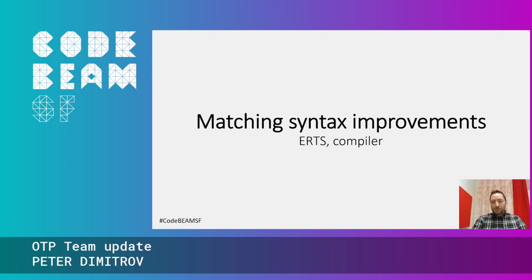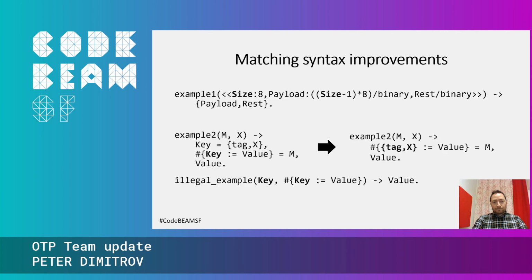Matching syntax improvements. In binary matching, the size of the segment to be matched is now allowed to be a guard expression, as in example 1. In the current map matching syntax, the key in a map pattern must be a single value or a literal.